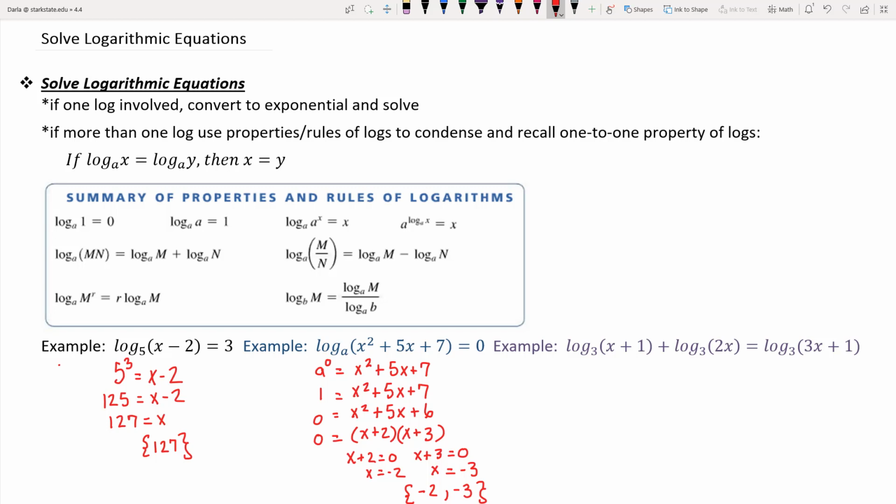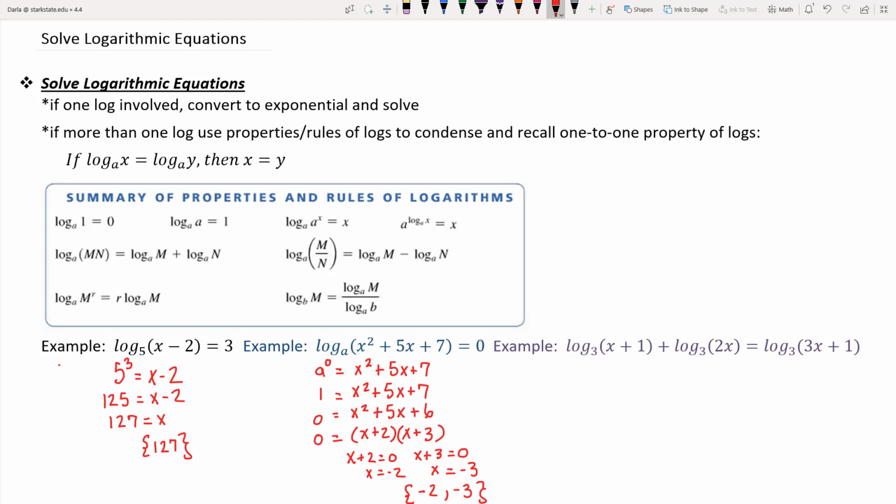In the next example, so let's do one more example, notice you have 3 logarithms. So this is one where we're going to want to use our properties and rules to help us condense. But notice each of these logarithms are the same base, 3. So that means we can probably use our properties and rules. So we have log base 3 of x plus 1 plus the log base 3 of 2x.